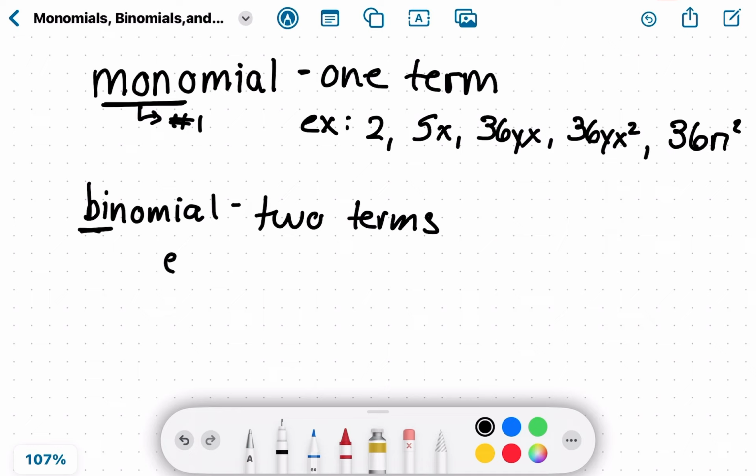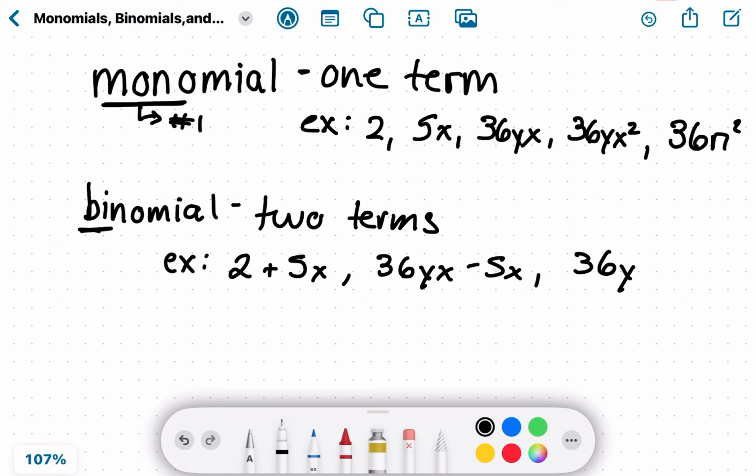So, an example of a binomial would be, for example, let's take some of these monomials up here. 2 plus 5x. Or 36yx minus 5x. That's also another binomial. Or even 36y minus x squared.